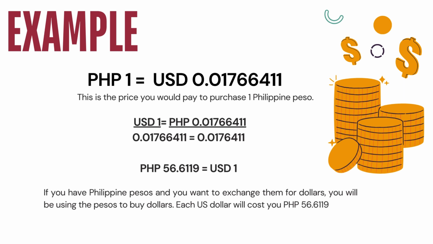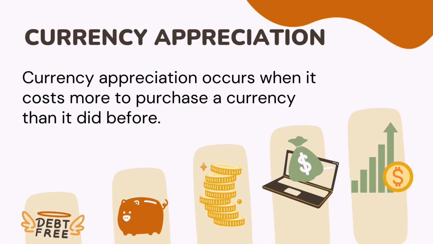So if you have Philippine peso and you want to exchange them for dollars, you will be using the pesos to buy dollars. So each US dollar will cost you 56.6119 pesos.